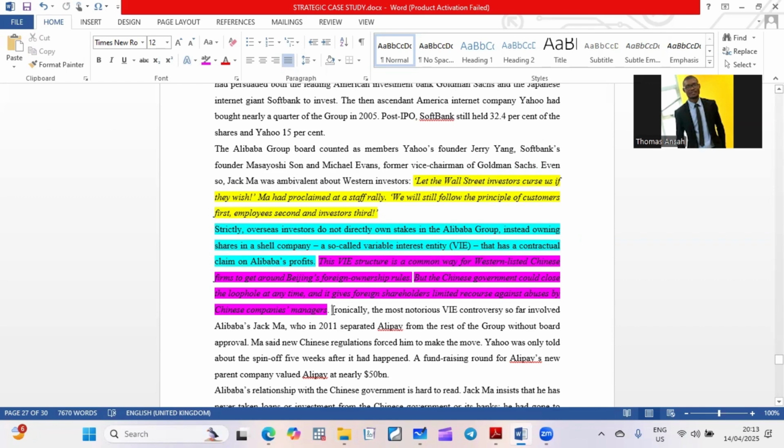Social. Good. So you see, ironically, the most notorious VIE controversy is not giving you a nice media outlook. It involved Alibaba's Jack Ma, who in 2011 separated Alipay from the rest of the group without board approval. So that is something you must take note of.